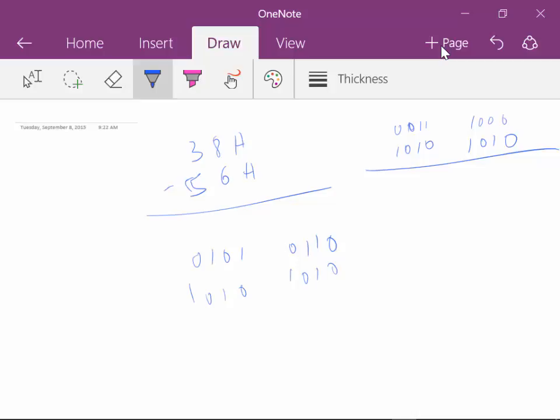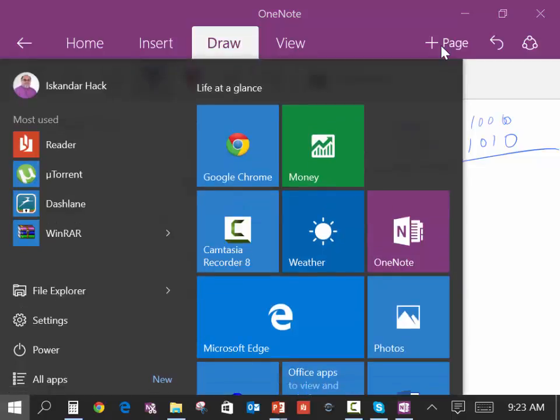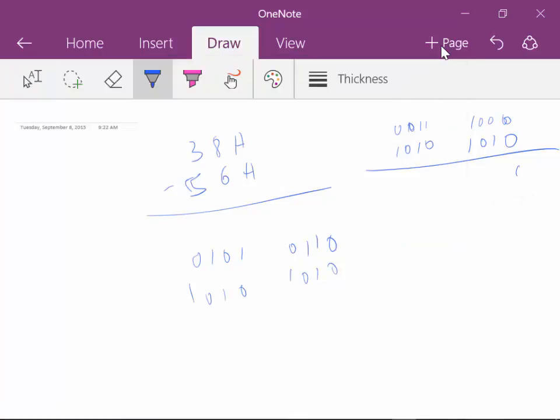So when we add that, we're going to get 1110 0010. Now notice that this number is negative.